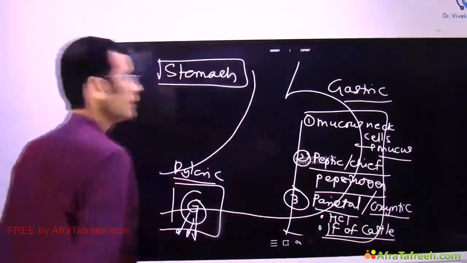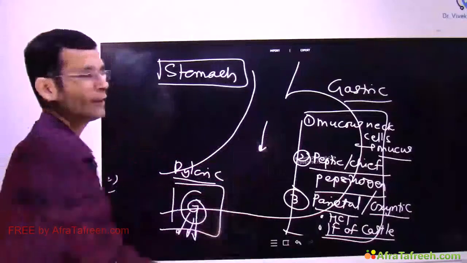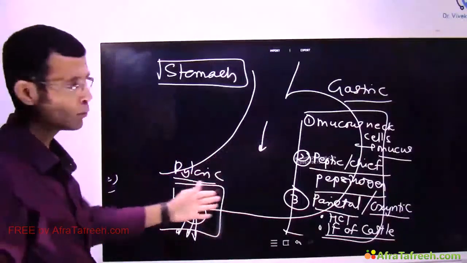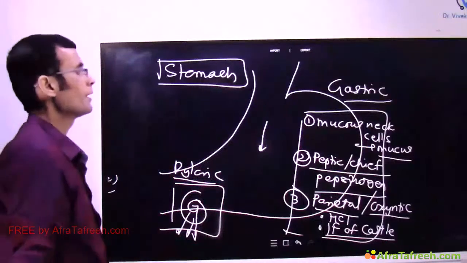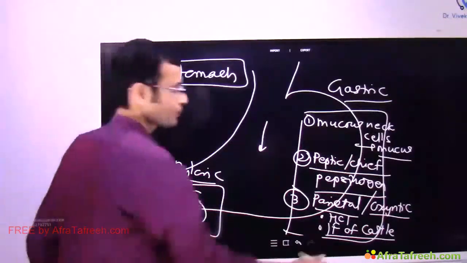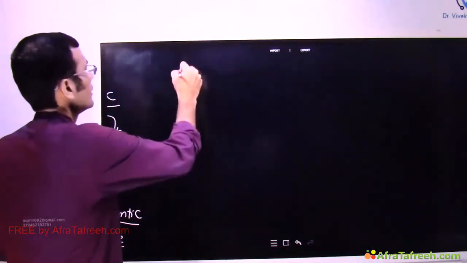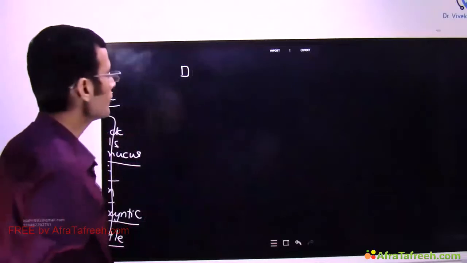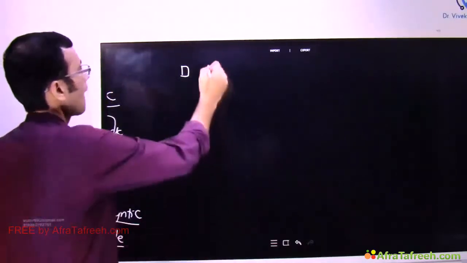As we are aware, intrinsic factor of Castle will bind the vitamin B12 in the food, and it will go all the way to the ileum from where B12 will be absorbed. These are the cells. Apart from this, what are the other things and their functions? Let's see their functions one by one, and then the phases of gastric acid secretion.